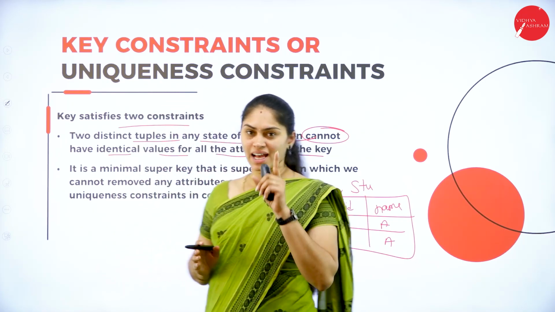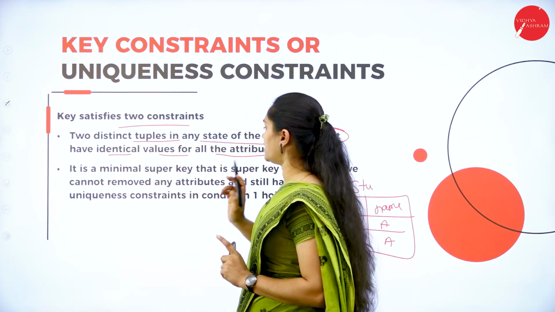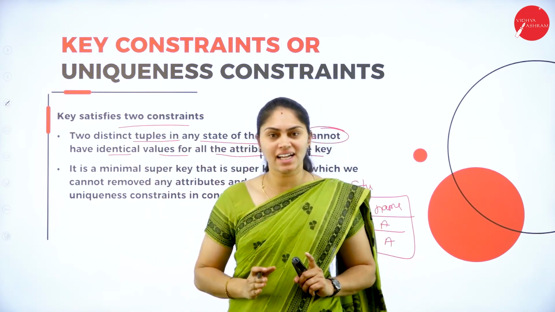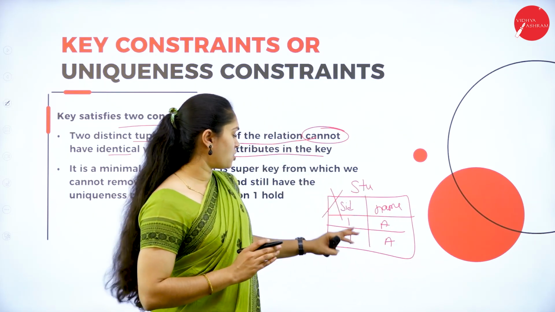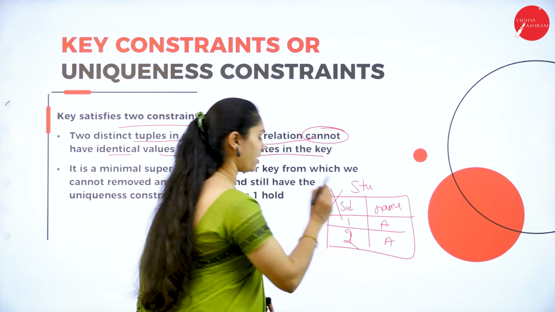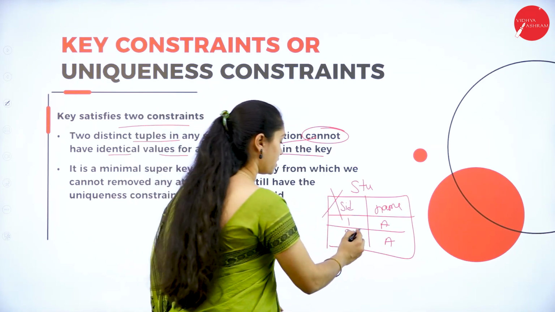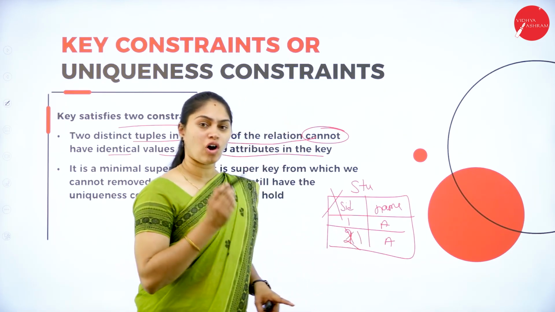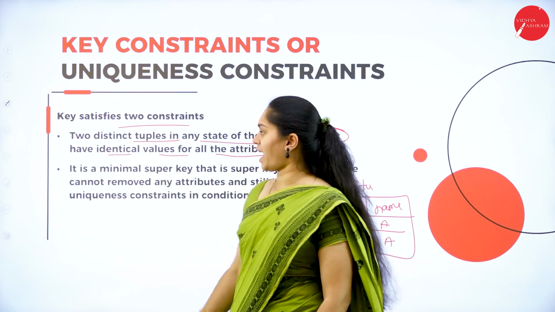Why? Because as per the key constraint, two distinct tuples in any state of the relation cannot have identical values for all the attributes in a relation. So if it is 2, then we can consider it. Why? Because the values are different. But identical values in all the rows, all the tuples in a relation, is not allowed as per this key constraint.